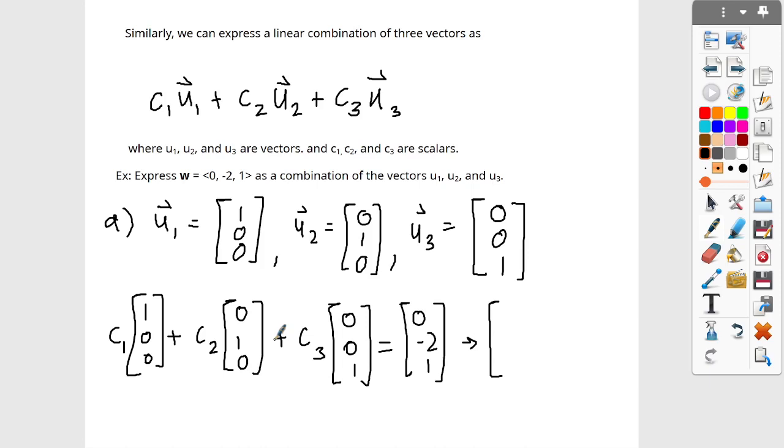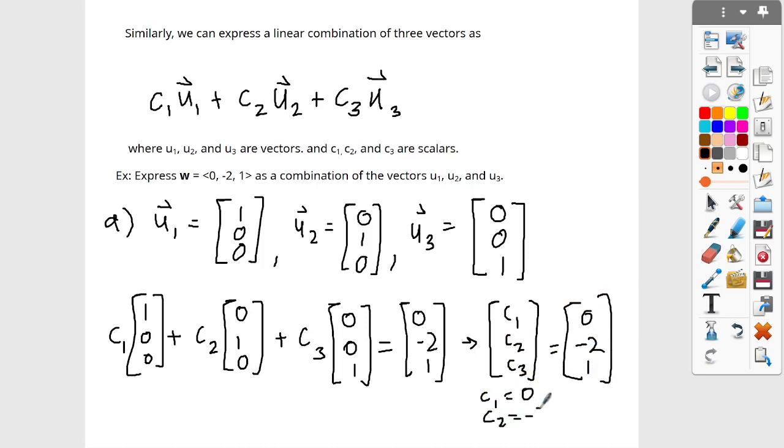But for now, we're just trying to get this down. So let's see what would happen. You guys probably already know the combination it takes to get this vector, because the left hand side will just end up being c1, c2, and c3, and this is equal to <0, -2, 1>.